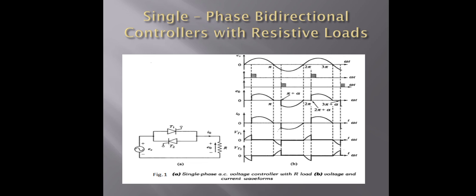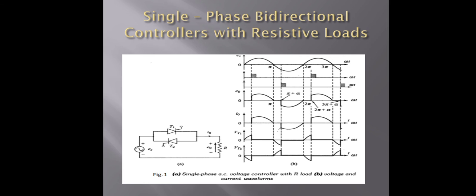The two SCRs are connected in an anti-parallel configuration. Due to the use of two SCRs, it is possible to control the load voltage and power in both half cycles of the AC supply, so it is called a bidirectional controller.